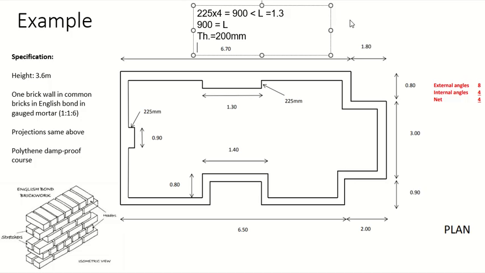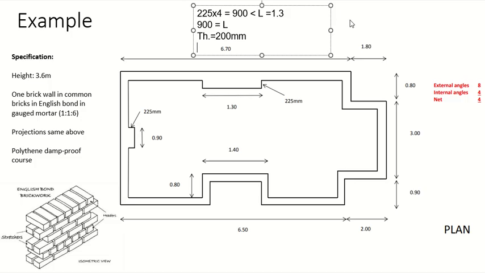So 0.8. I'm going clockwise. 3.9 again. Because it's external, plus 2, plus 6.5, minus again this thing, then you go up, how much?